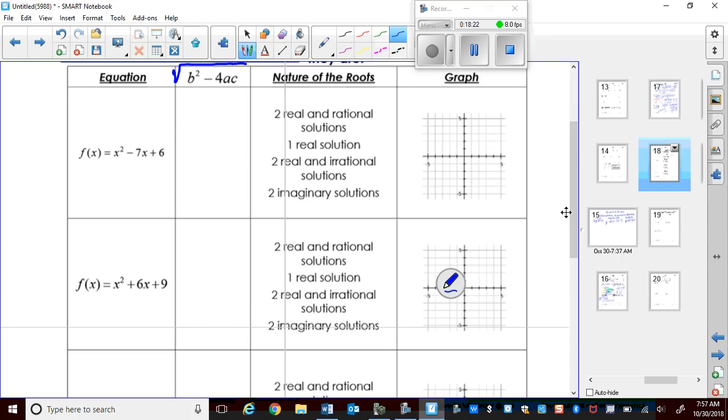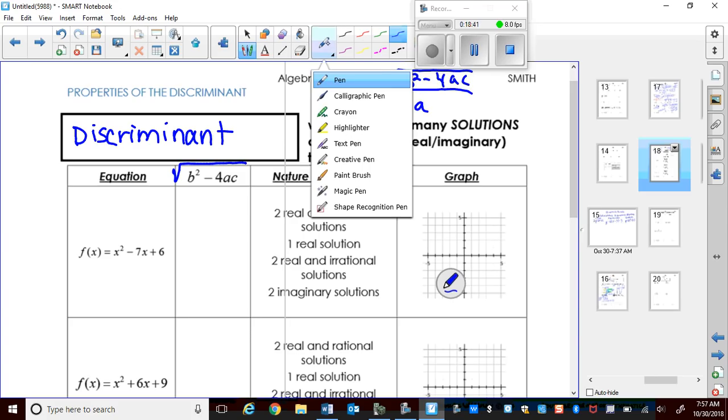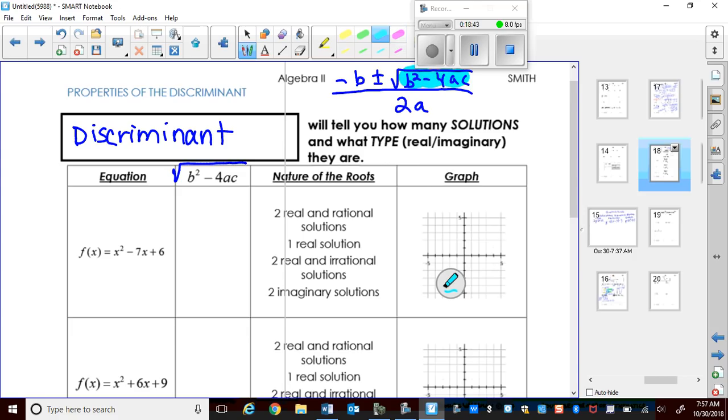The discriminant is the part of the quadratic equation I've been going over with you: negative b plus or minus square root of b squared minus 4 times a times c divided by 2a. So the discriminant is the portion inside of the radical. I've been telling you over and over to look at the type of number that's produced.